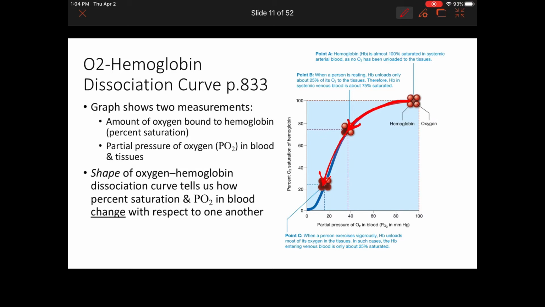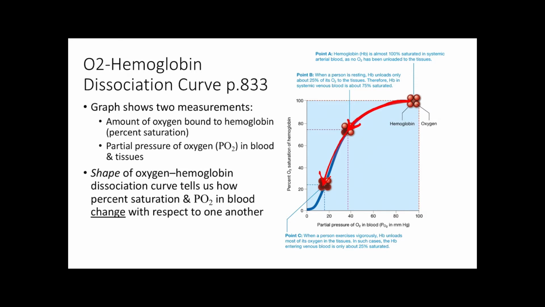So hemoglobin has the ability to offload a significant amount of oxygen, should that be needed, and from 75% saturation, that can go as low as roughly about 30% saturation if needed.